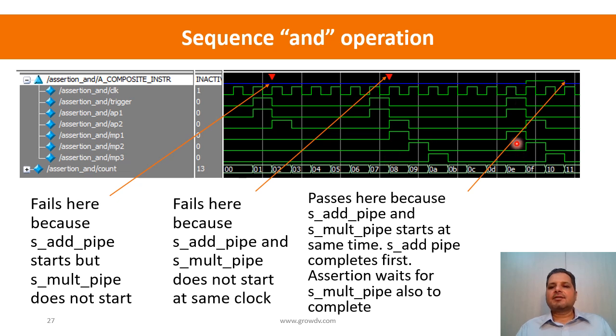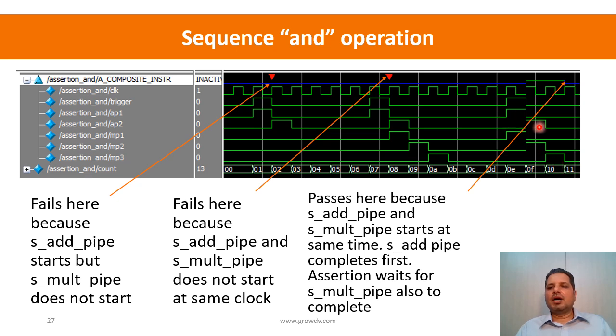And in the third case, AP1 is coming in over here, followed by 1 clock delay, then AP2, and that sequence has completed over here. Then MP1 is coming in, so your mult pipe sequence is coming in at the same point as your add pipe sequence. It's starting at exactly the same point, and then MP1 followed by 1 clock delay, MP2 followed by 1 clock delay, MP3. So all three of them have shown up, and note that both the sequences have matched.